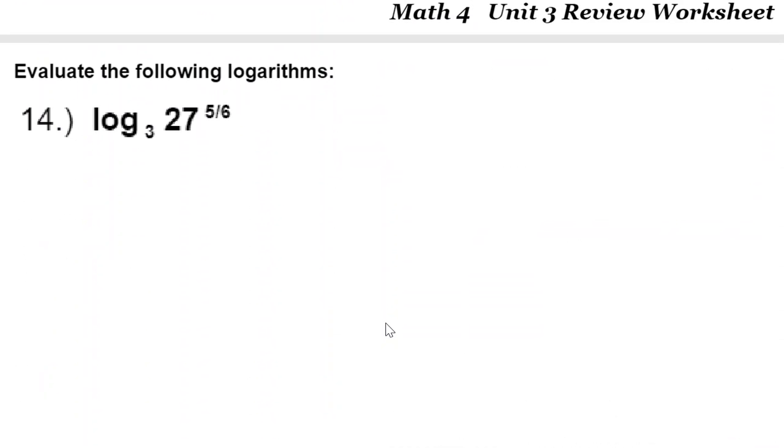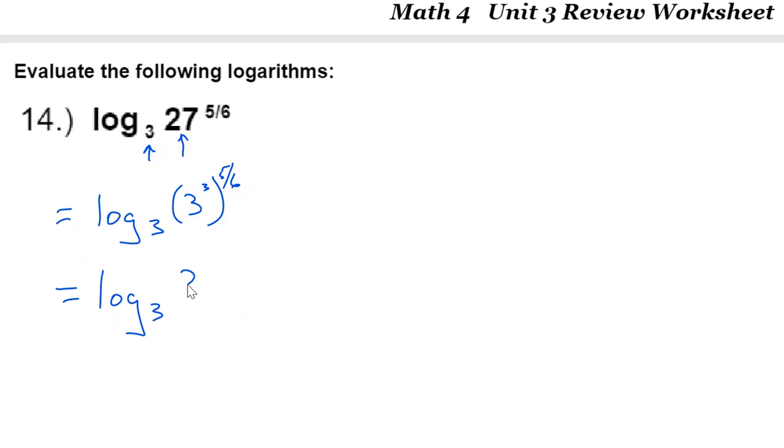Oh, this one does some wild things. And this is one of those cases where I had warned you to have your squares and cubes memorized. And if you did, then you would recognize that 27 is 3 cubed. And we ought to be able to make some use of that knowledge. That would be like saying log base 3 of 3 to the 15 over 6.